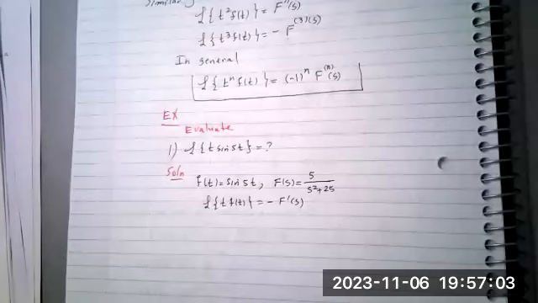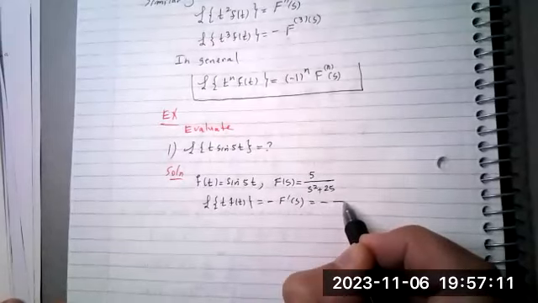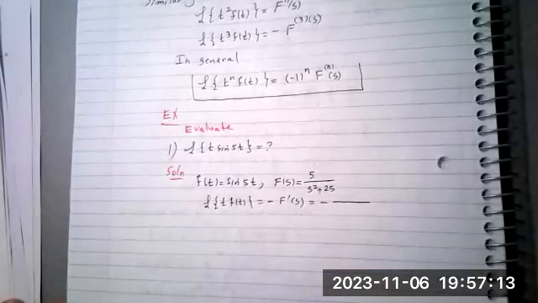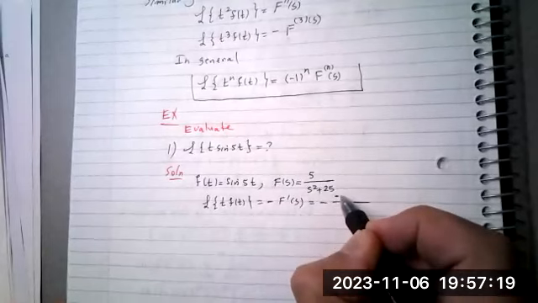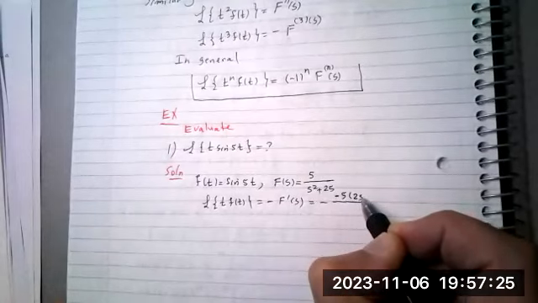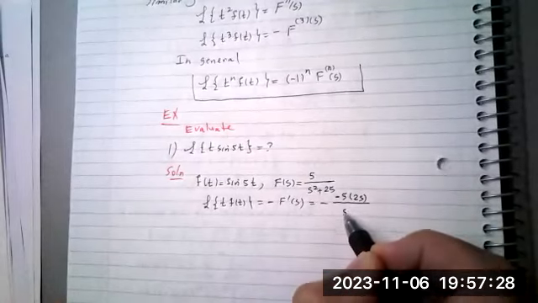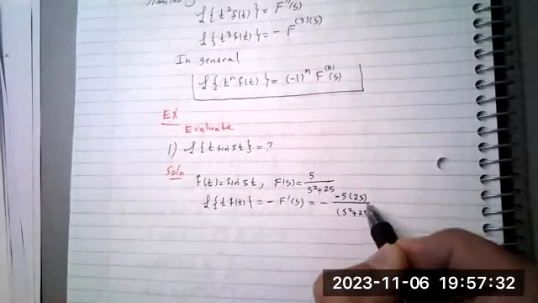So you have to find the F prime of s. Just apply the quotient rule to get it. So it's going to be the derivative of the top times the bottom, minus the derivative of the bottom times the top. The derivative of the top is 0. The derivative of the bottom is 2s, so it's going to be minus 5 times 2s, divided by the bottom squared, s squared plus 25 all squared.